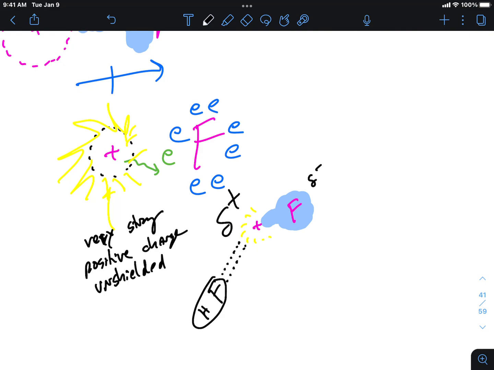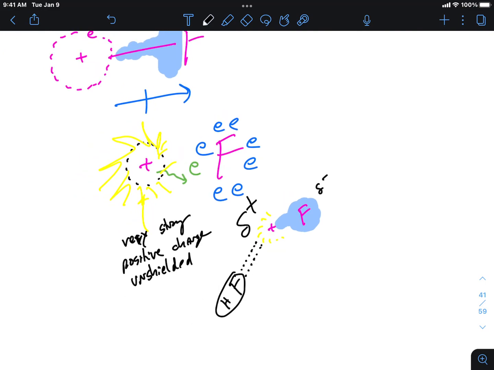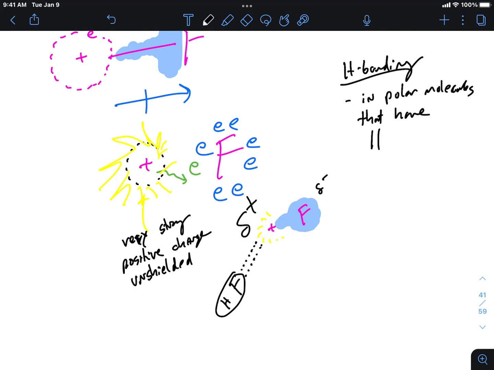But you have to meet the criteria: hydrogen bonding only occurs first in polar molecules that have hydrogen bonded to either F, O, or N. If there's no F, O, or N involved, then there's no hydrogen bonding. The H has to be directly attached to one of those three elements.